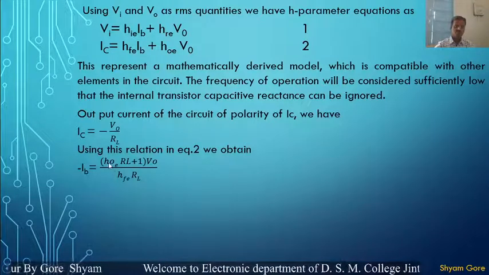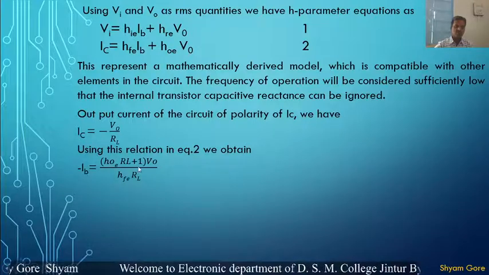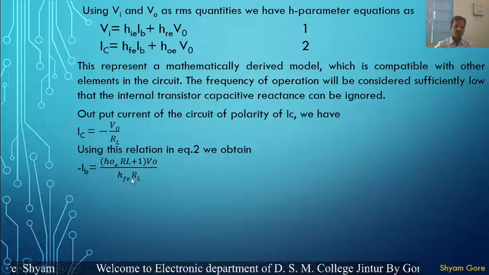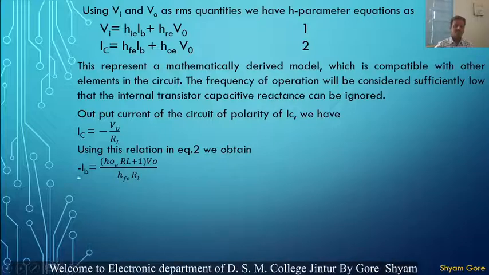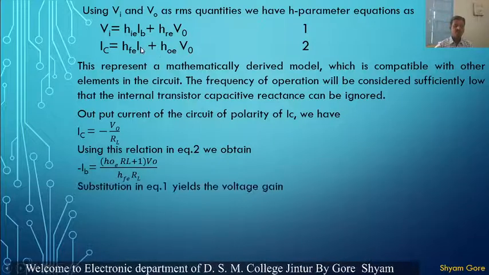So, this is (HOE into RL plus 1) into VO divided by HFE into RL. Now, let us substitute the value of IB in equation number 1.